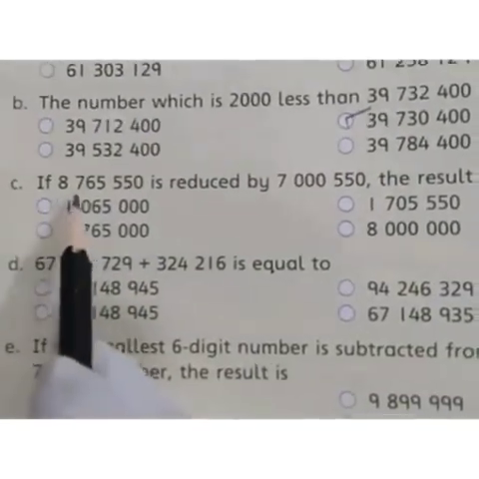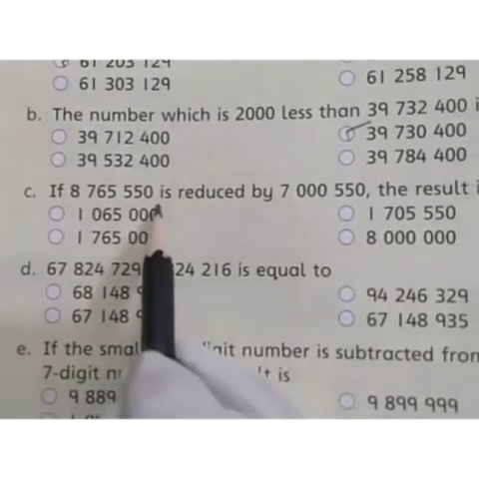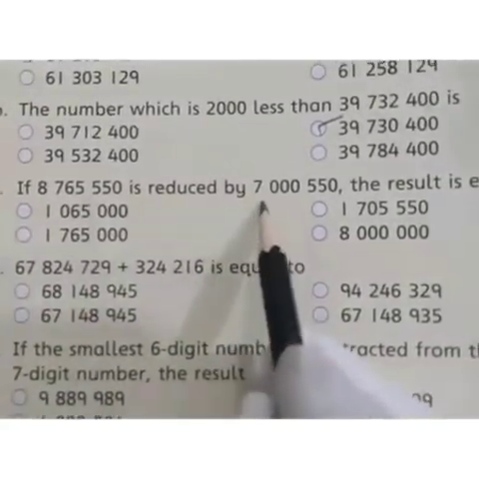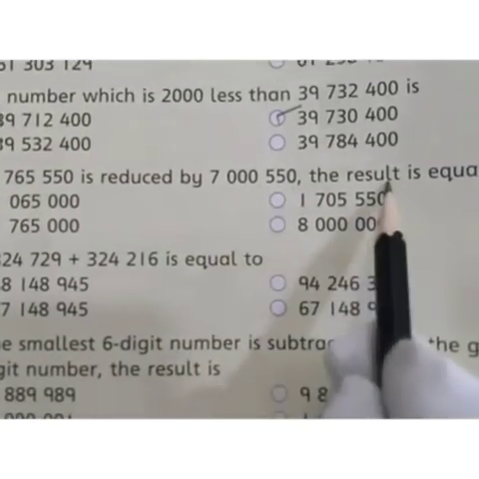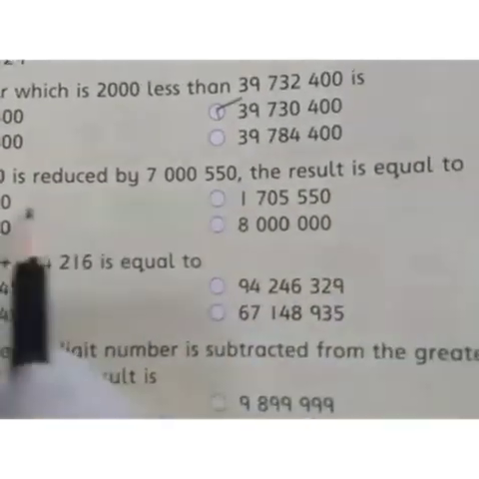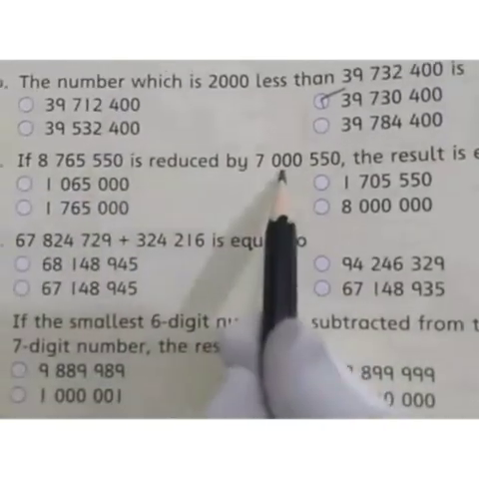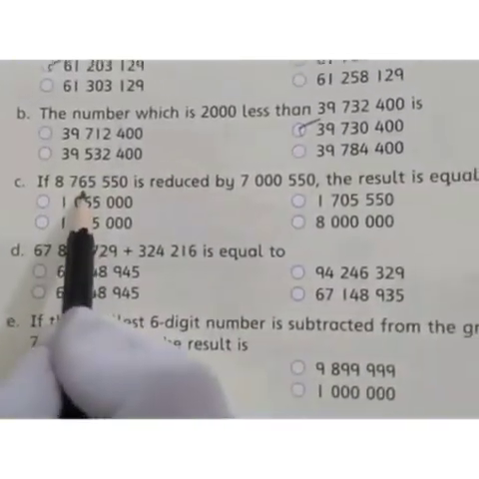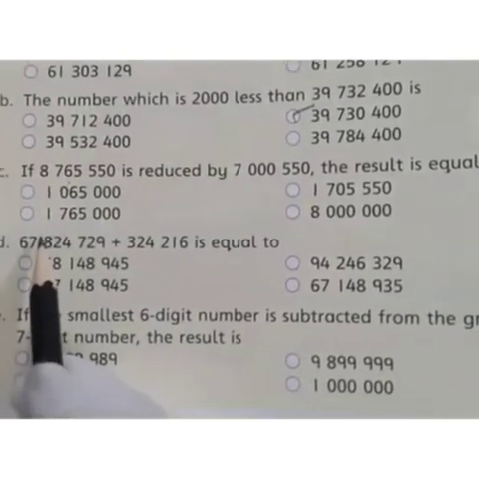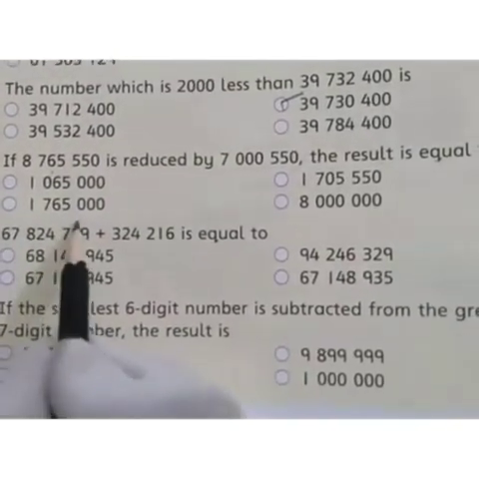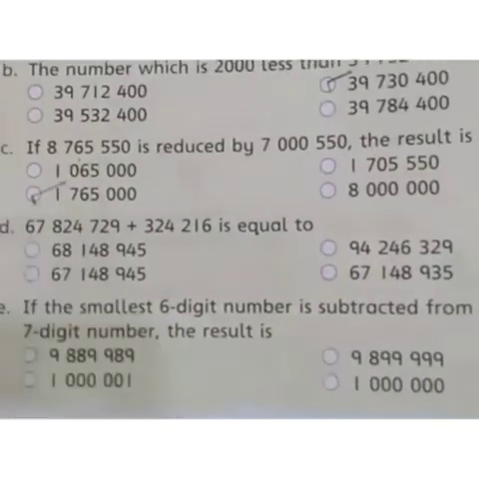If 8,765,550 is reduced by 7,000,550, the result is equal to, reduce means if we subtract this number from this, what do we have? You have the number, it is 1,765,000.